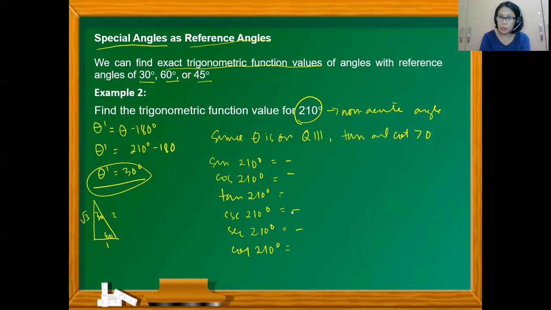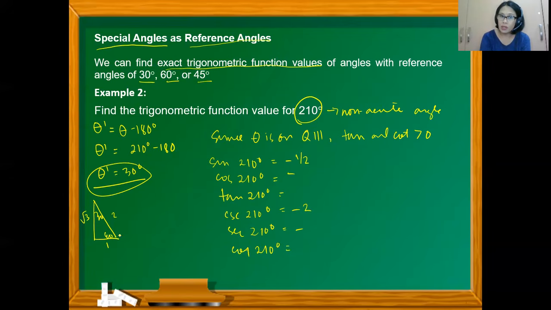The rest will be positive. And we will be working on the trigonometric function values of special angle measuring 30. For sine 30, that's opposite over hypotenuse, so 1 half. So sine 210 is negative 1 half. And its reciprocal is cosecant, so this is negative 2.